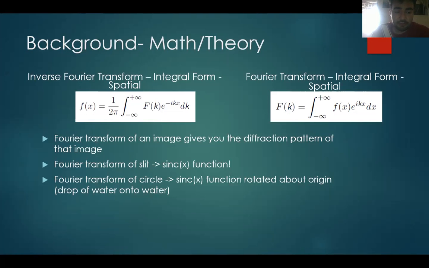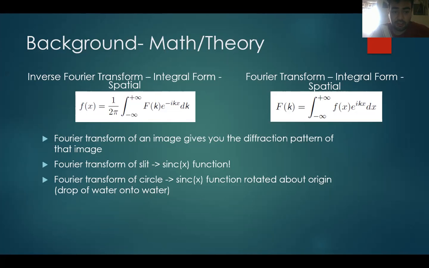However, to put it simply, taking the Fourier transform of an image will end up giving you the diffraction pattern of that image. For example, if you take the Fourier transform of a slit, like I discussed in the videos earlier, you end up with the sinc function, the sine of x over x.